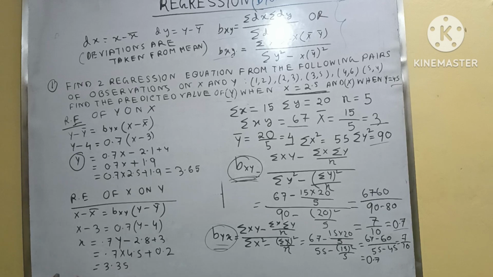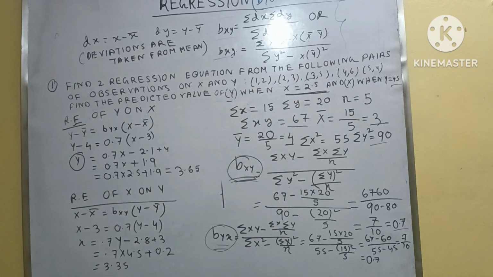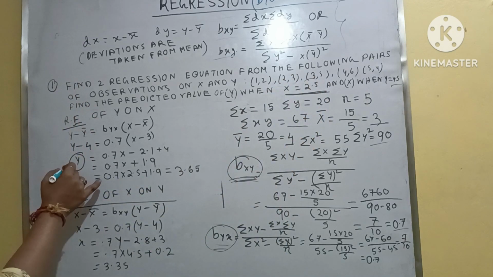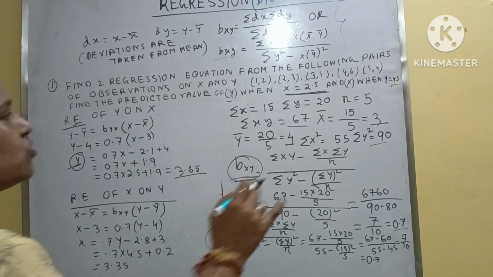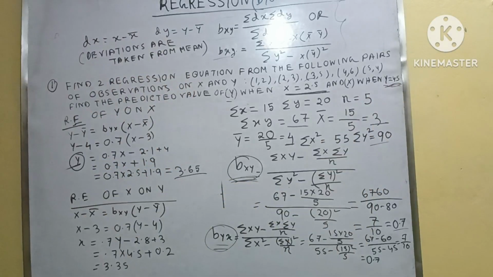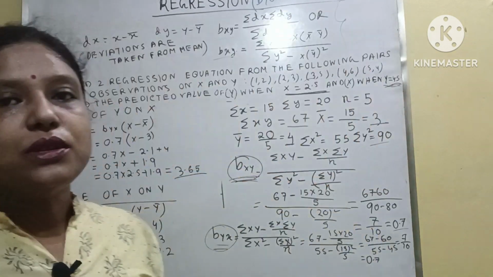So you can see that if the value of x is 2.5, we can easily get the value of y, that is 3.65 here, and here you can see that the y value is 4.5, so the value of x is 3.35. So this is the method by which you can calculate the regression equation.